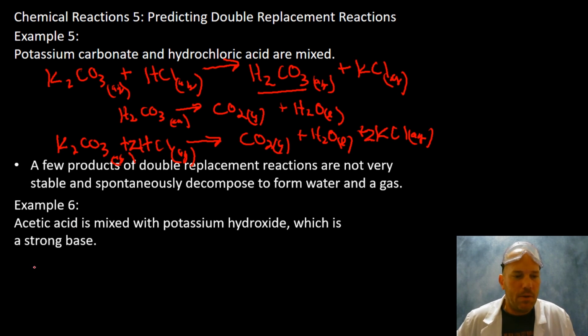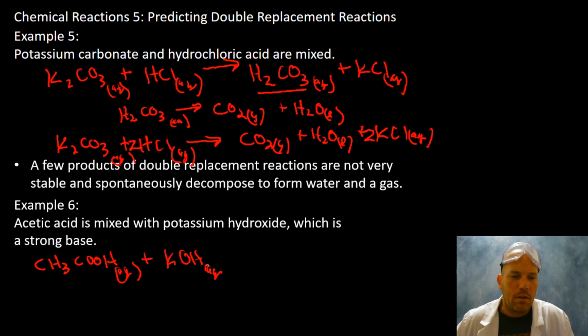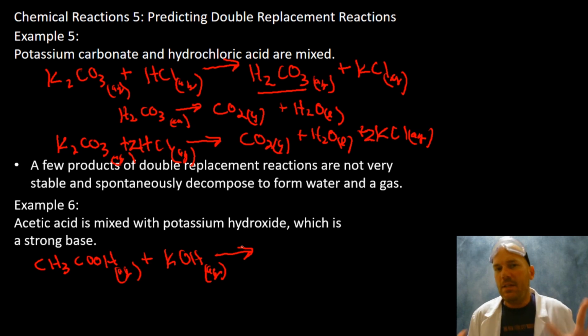All right, example number 6, acetic acid. Acetic acid is mixed with a strong base. This strong base will completely dissociate into its ions in an aqueous environment.